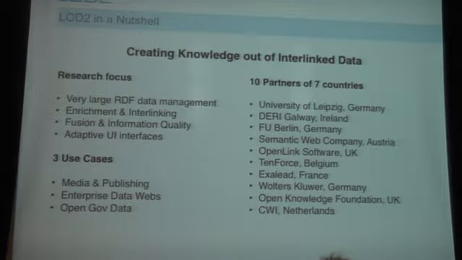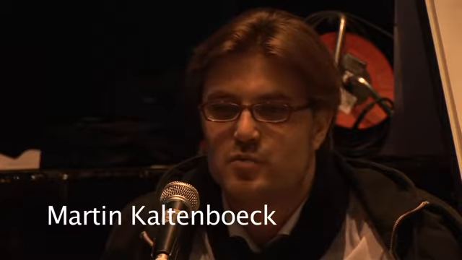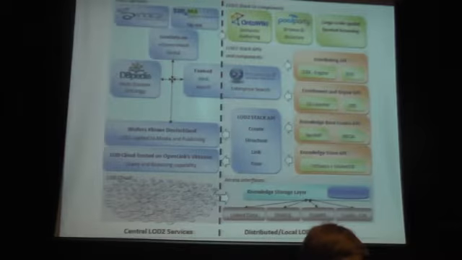You see we have 10 partners from 7 countries, lots of the most important organizations working on linked open data in Europe. I'll give you just a short overview, maybe we can talk about it a little bit more afterwards. It's hard to explain this in 3 minutes, but this is what we're going to do. You see there are many more tool sets that we would like to bring together in a LOD2 stack to enable linked open data in these 3 use cases.